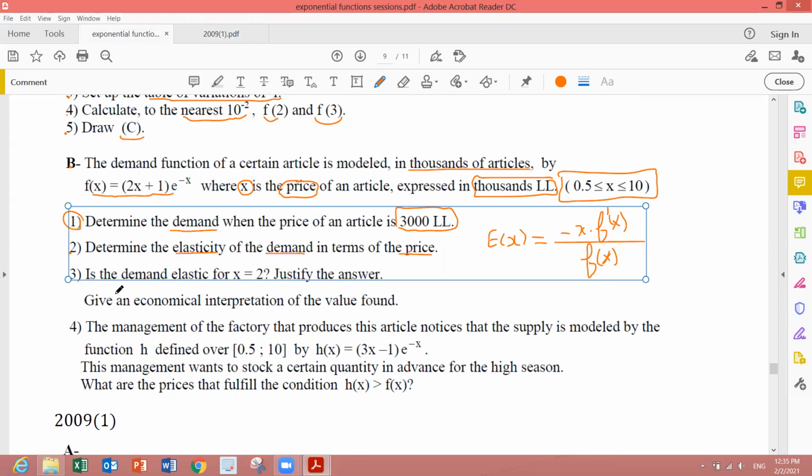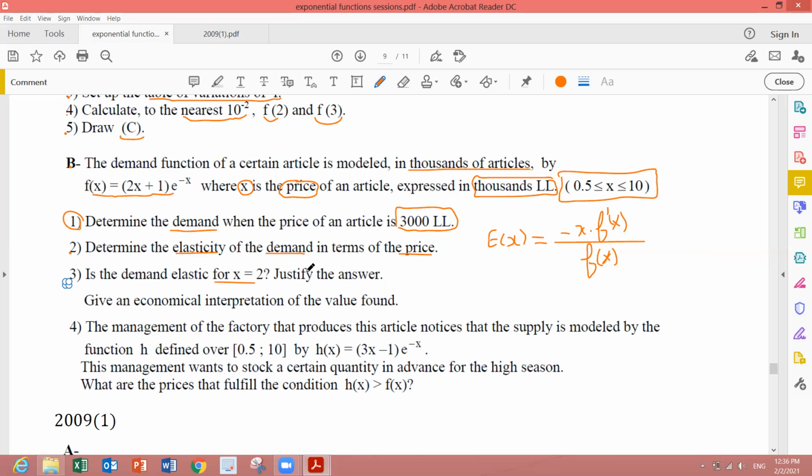Part 3, is the demand elastic for x equal to 2? Justify your answer. For the demand to be elastic, if we replace x by 2, we get an answer greater than 1, it is elastic.